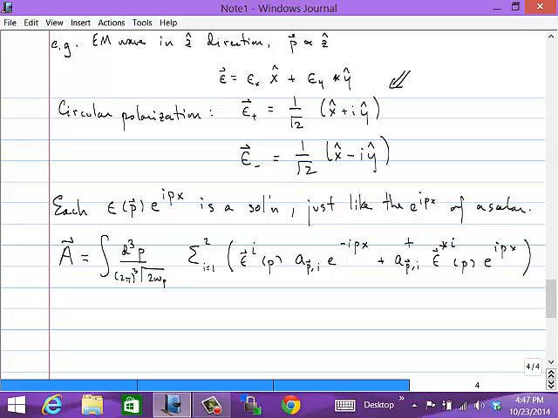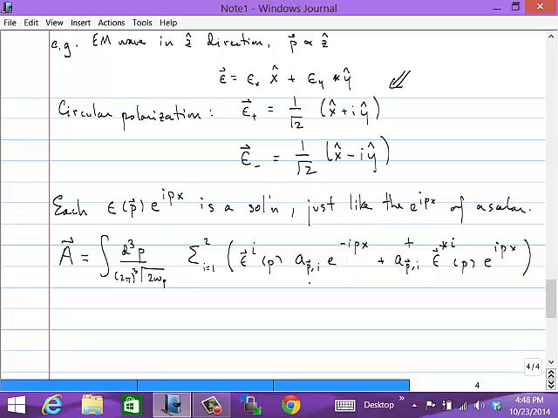If I didn't have those epsilons there, then this would be precisely the equation that we're already familiar with, where you take the scalar field and you expand in terms of a basis of plane wave solutions to the Klein-Gordon equation. Here, all I'm doing is including the fact that there are two different types of plane wave solutions to Maxwell's equations, which correspond to the two polarizations of the vector field A.